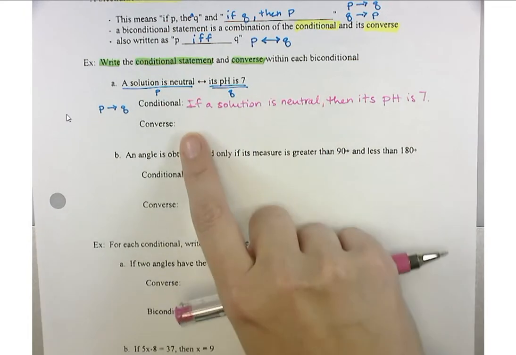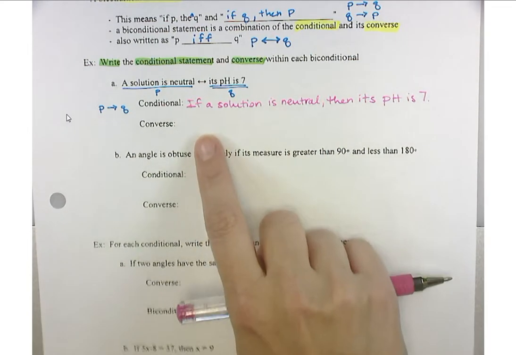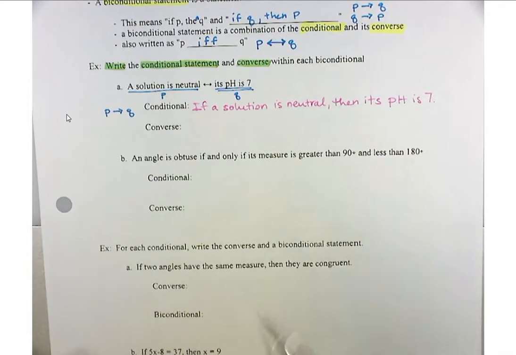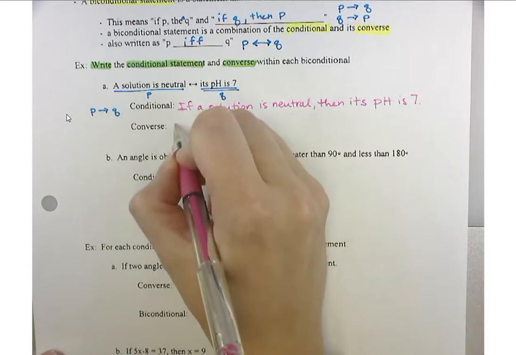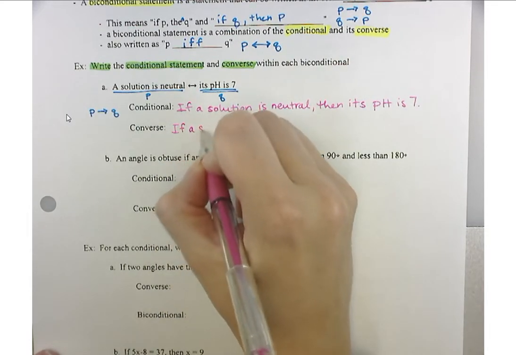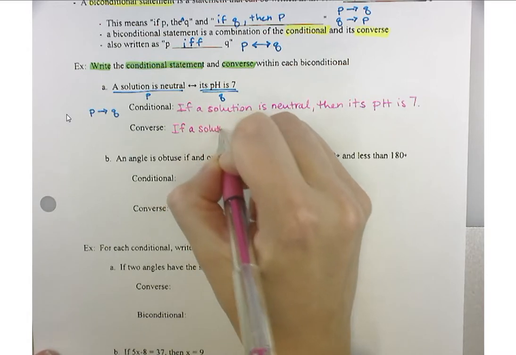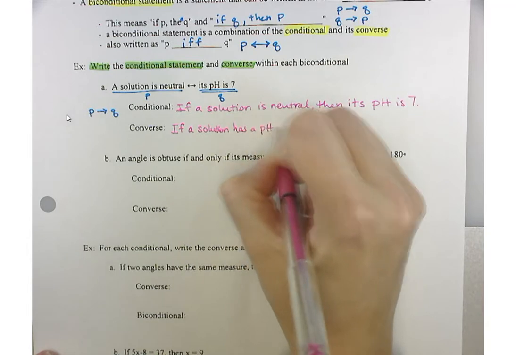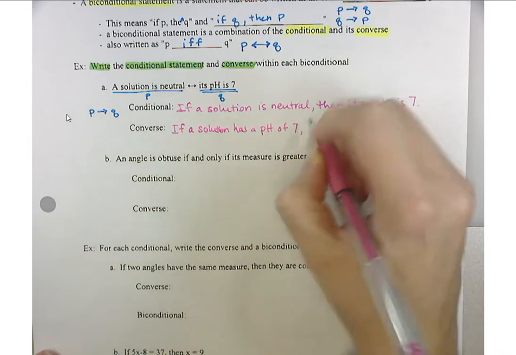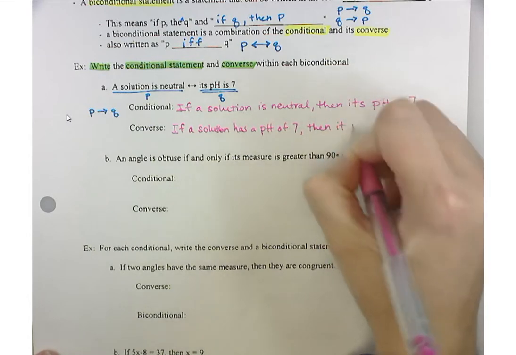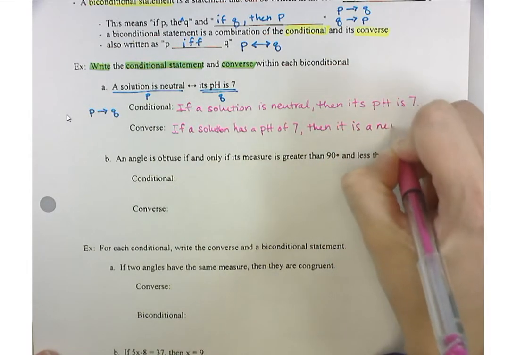So for the converse you're going to switch your P and your Q. So Griffin, what's that going to be? If a solution has a pH of 7, then it is neutral. Good. If a solution has a pH of 7, then it is neutral.